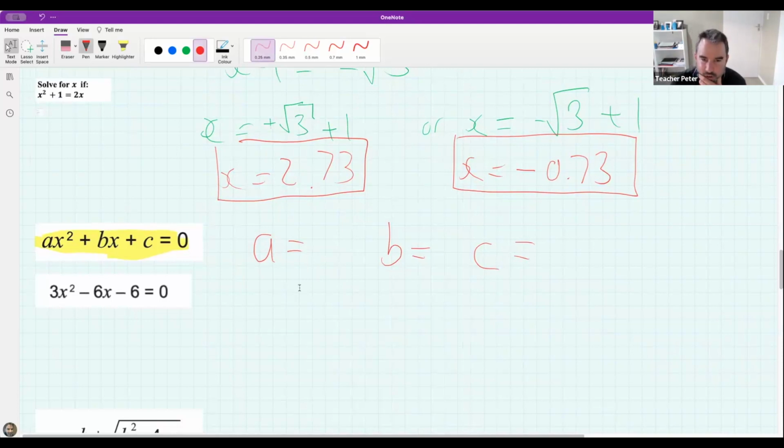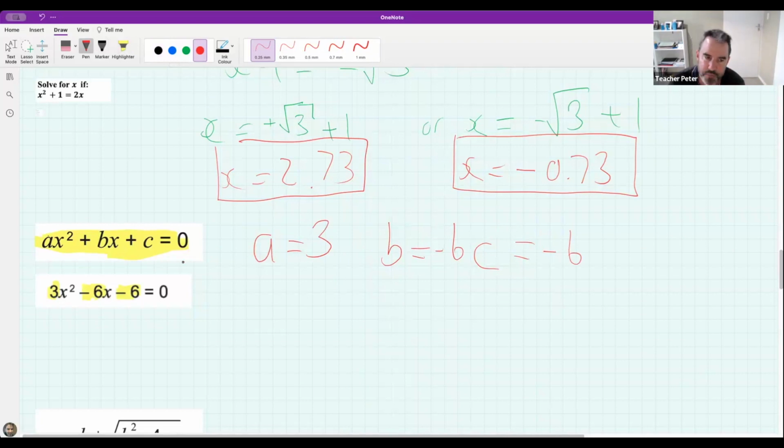Okay, sorry, Stephen, I'm not referring to that; I was referring to this one over here. So A in this case would be 3, if I'm referring to this example. B would be -6, and C would be -6 as well.